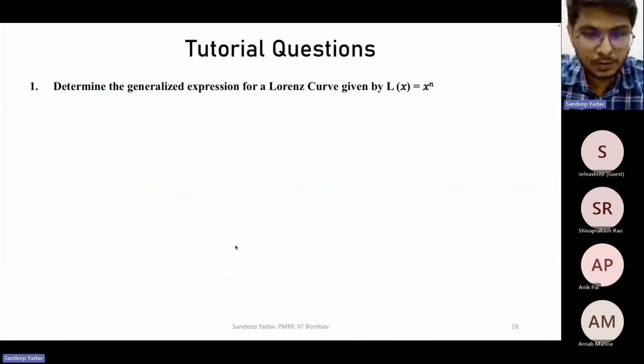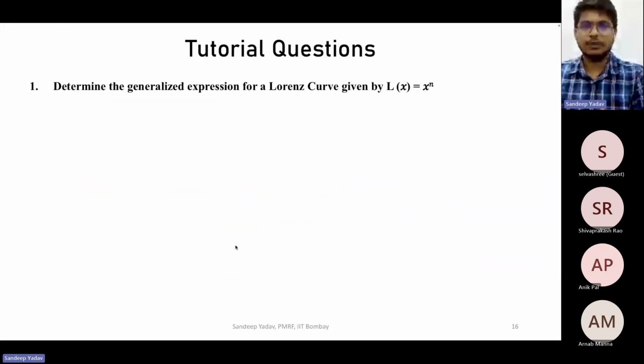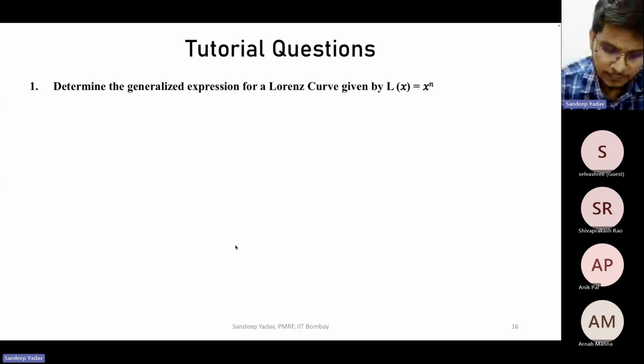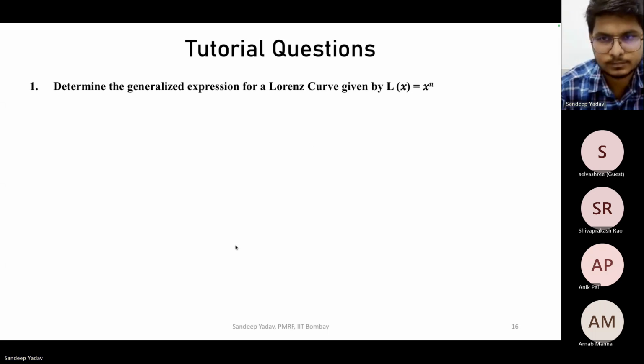Now let's move ahead to the long questions. Here we know the Lorenz curve's explanation. It is asking to determine the generalized expression for the Lorenz curve given by L(x) is equal to x to the power n.